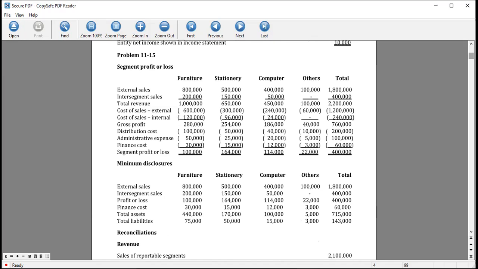So we have now the company is organized for management purposes into 3 major operating segments, namely furniture, stationery, and computer products. So we have now the three segments.